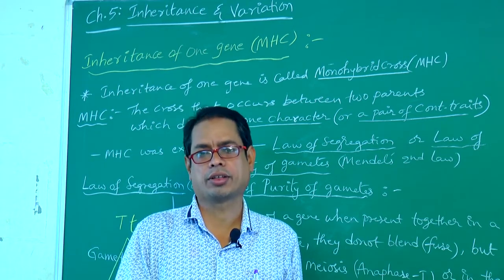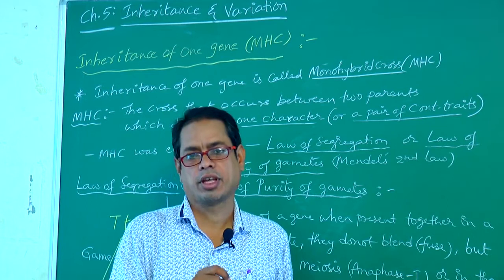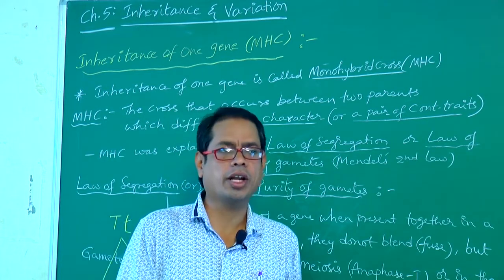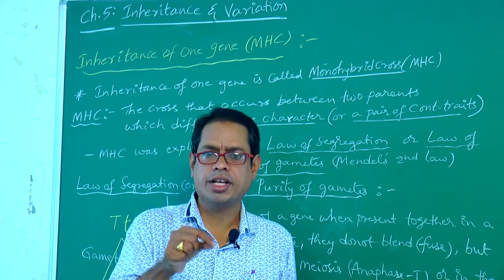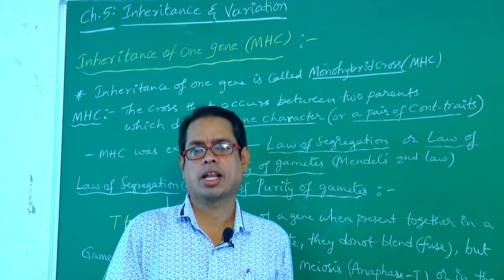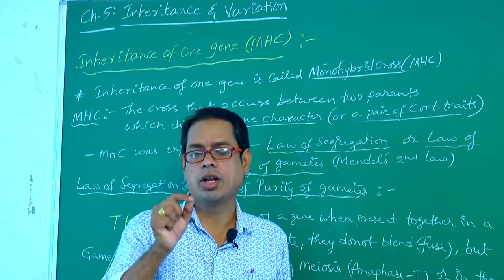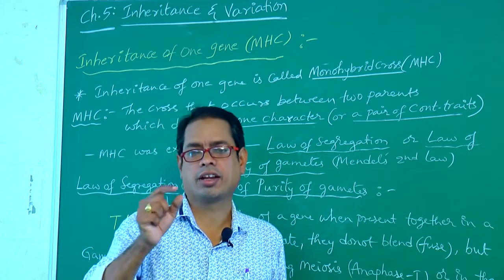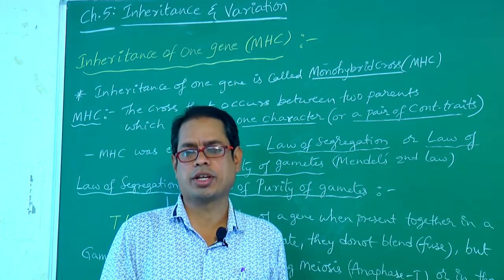Green. Recessive? Yellow. Seed color or cotyledons color dominant? Yellow. Recessive? Green. Try to remember those 2 points.